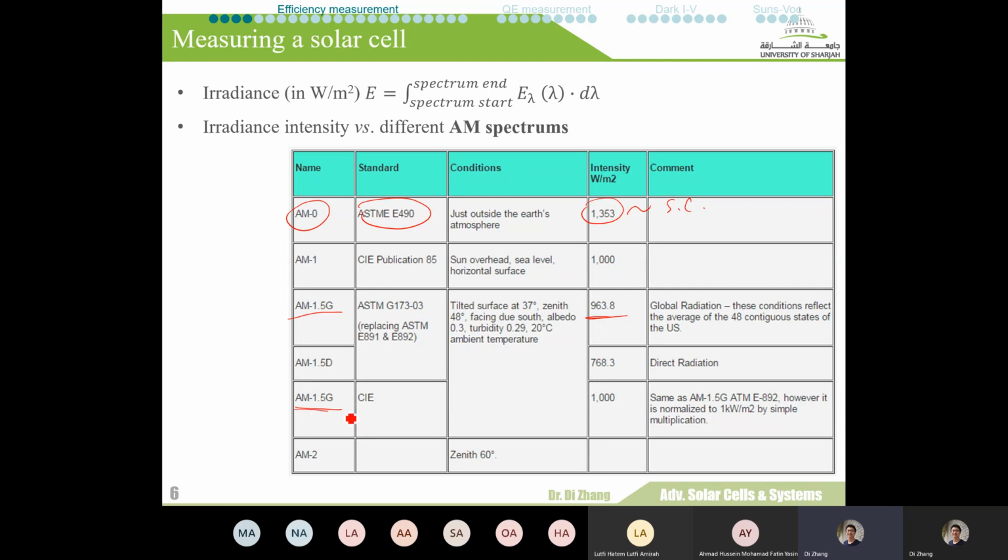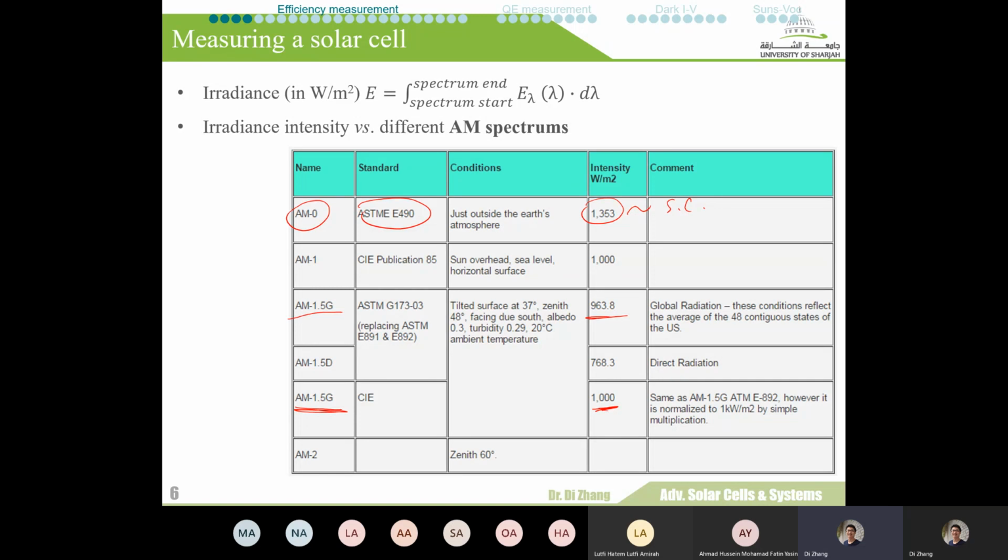But in another more commonly used standard, the shape is the same, but we just raise the intensity slightly, so it becomes a nicer 1,000 value for the irradiance. And as we know, 1,000 is easier to handle for calculation. So that's why we typically prefer the 1,000 watt per square meter version of the irradiance.